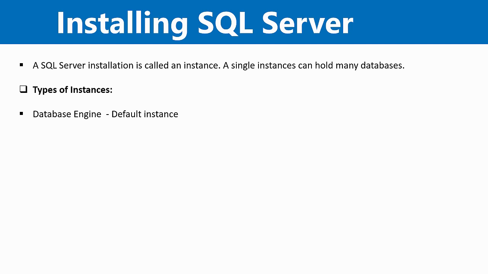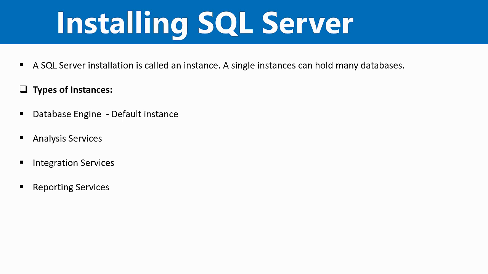Then we also have Analysis Services, which can be used if you want to perform different analytic data operations. Then we have Integration Services, which is mainly used for data warehousing, data extraction, and things like that. Also, if you want to produce reports, there is Reporting Services. So these are different types of instances that SQL Server can be used for.